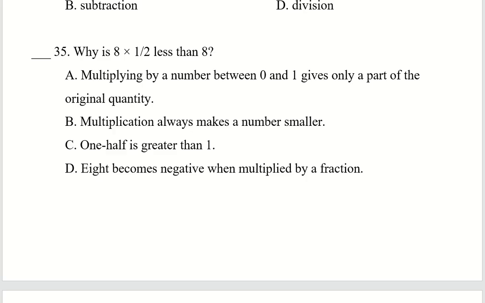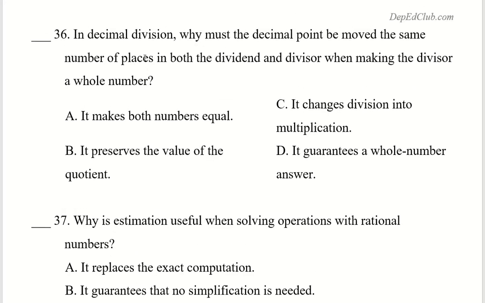But if it's greater than 1, your answer will be greater than the whole number. If your fraction is less than a whole, your answer will be less than the whole number. Basta nagmo-multiply po sa fraction, should be less than.